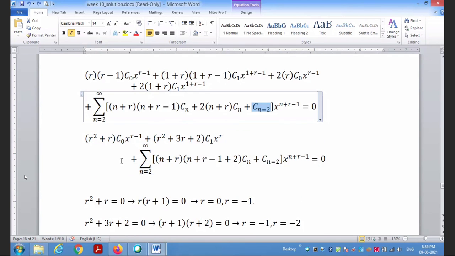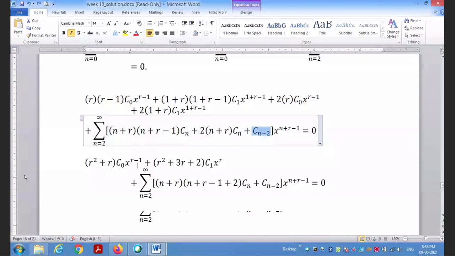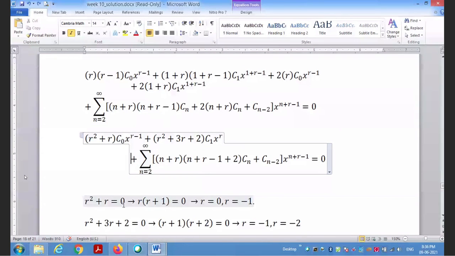This will be 0 equal to 0, because before this we learned that C0 will not equal to 0 based on the theorem. The same thing here, C1 will not be 0. So this will be 0 if and only if r square plus r equal to 0. This implies that r equal to 0 and r equal to minus 1.